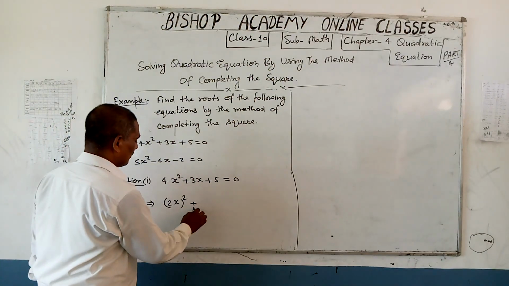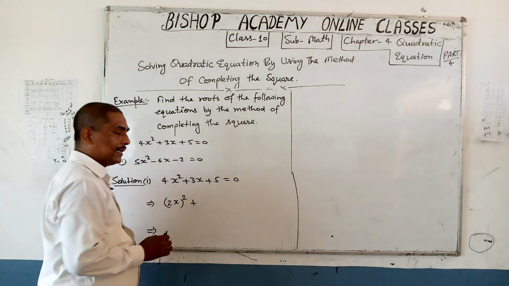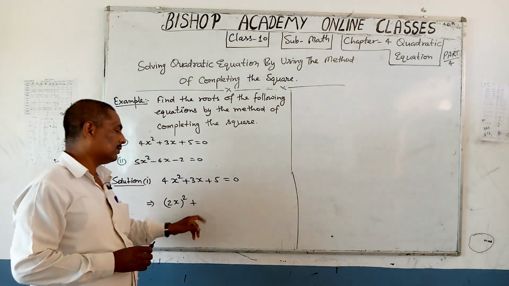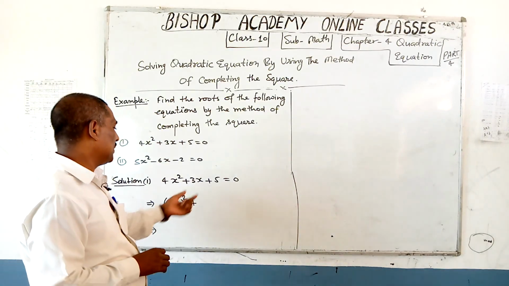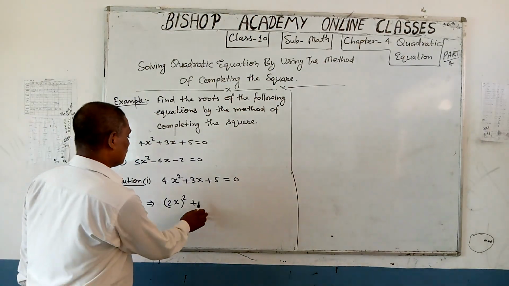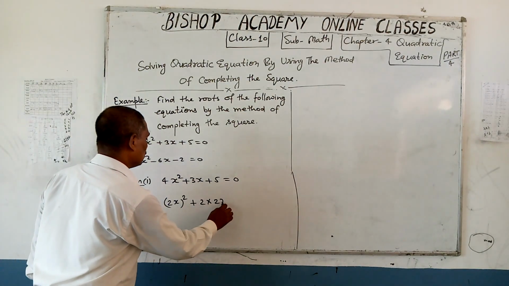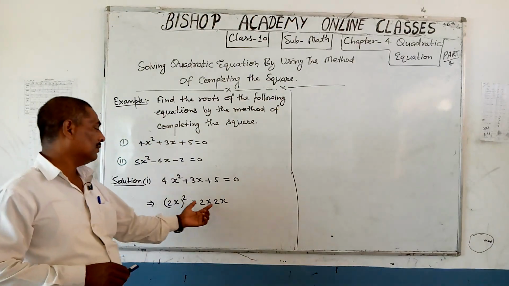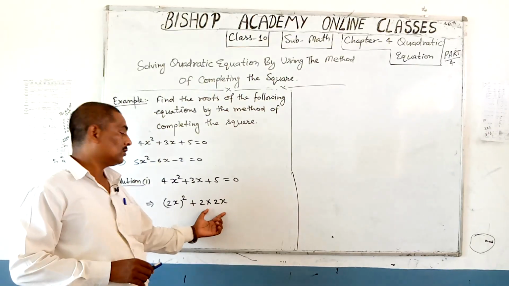Now the sign of plus will be taken down, but 3x will not be taken down. In the place of 3x you will write 2 multiply 2x, meaning double of this 2x will be written here, 2 times 2x.